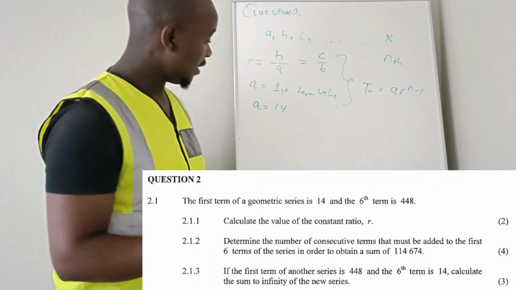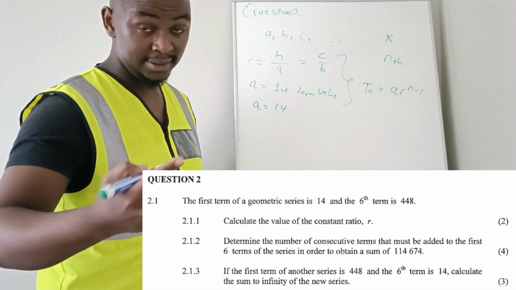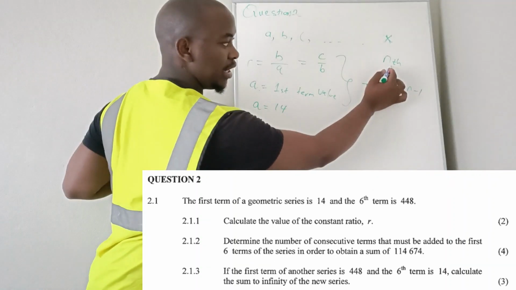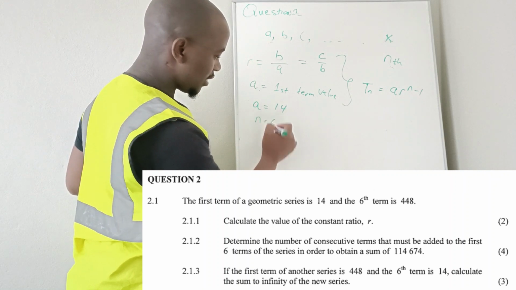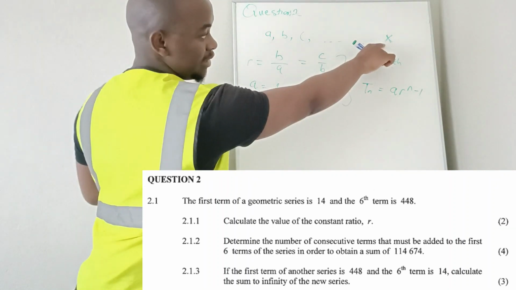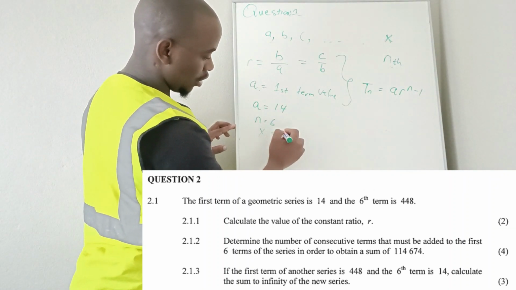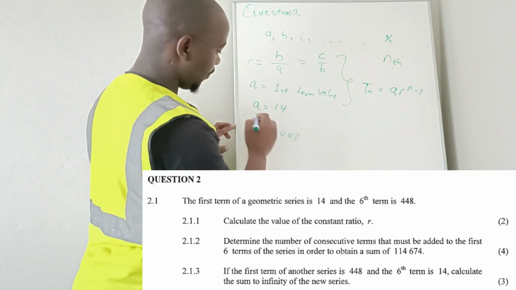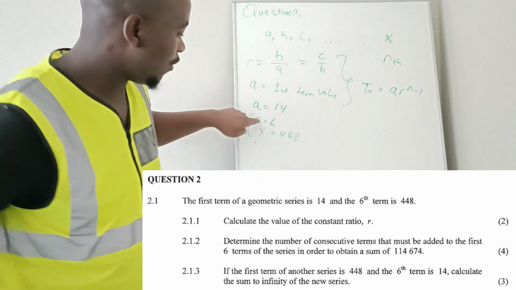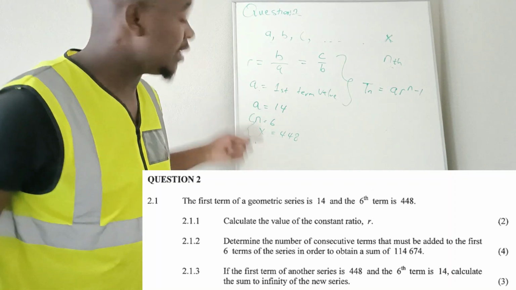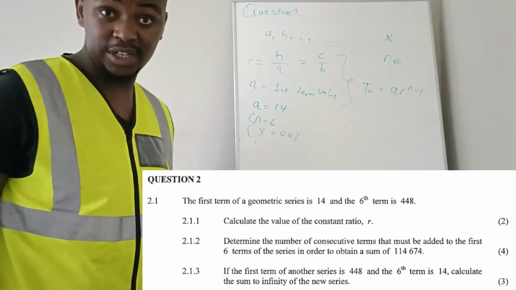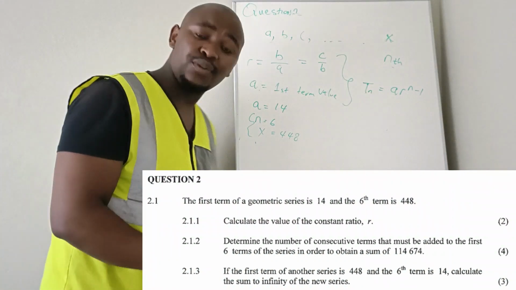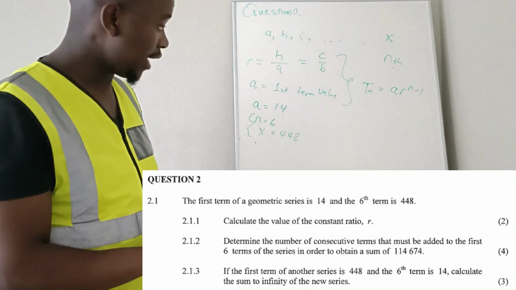We are also told that the sixth term, so for n equals 6, the value is equal to 448. These two come together: for term number 6, the value in that term is 448. And they're asking us to find the ratio r.